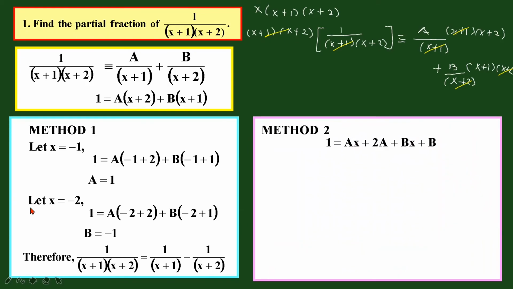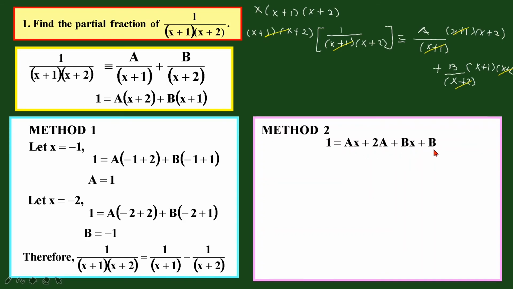what I will need to do is I need to expand these brackets. So a times x, a times 2. So I will have ax plus 2a, b times x, b times 1. So I have bx plus b.